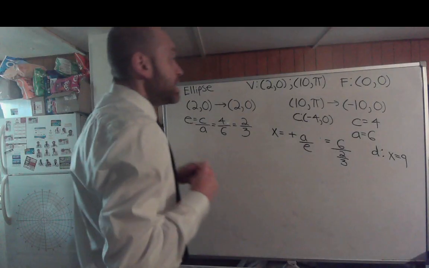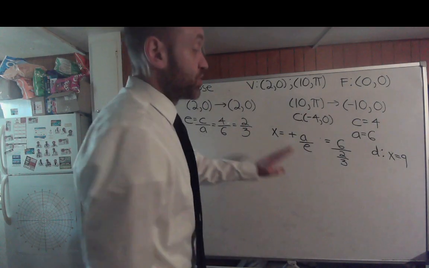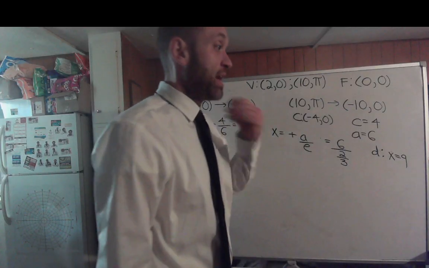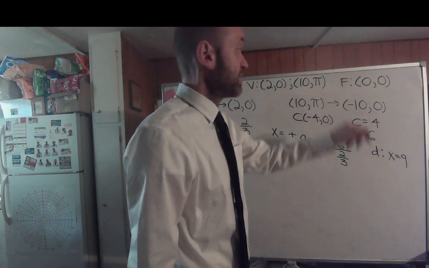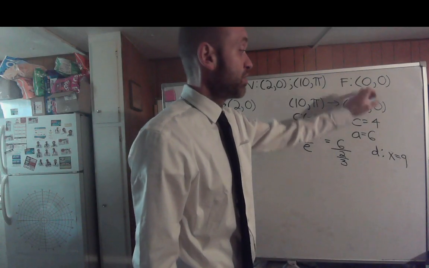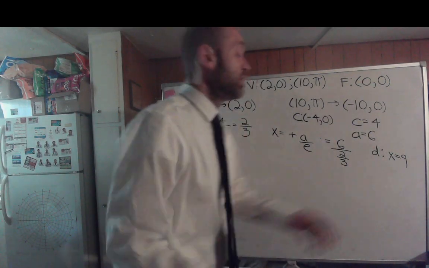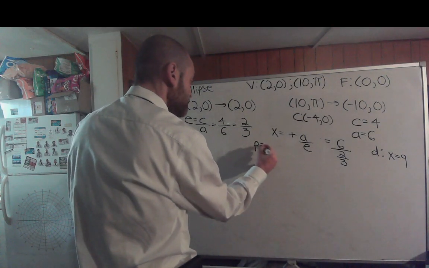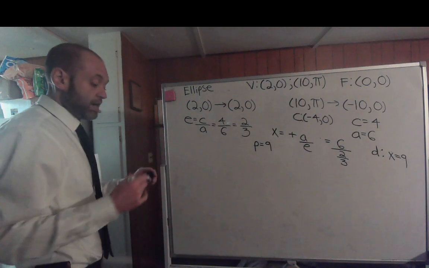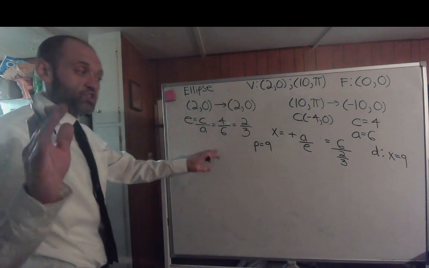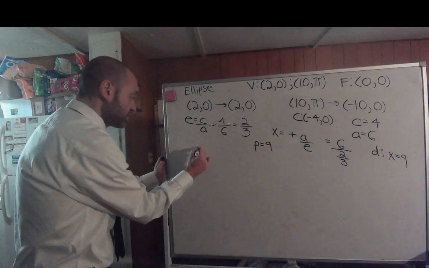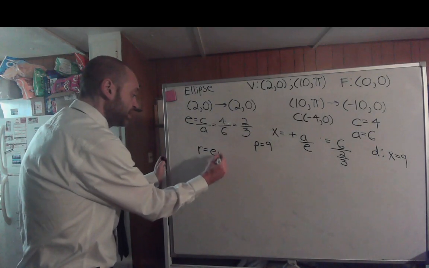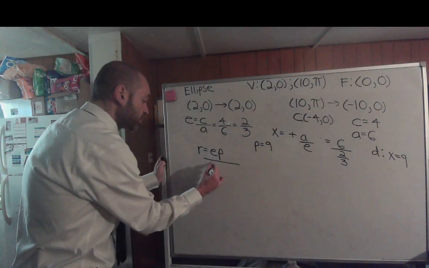Alright. Now, we got the directrix. We need to find p because we have the focus. If you go from an x-coordinate of 0 to an x-coordinate of 9, you get a distance of 9, so p equals 9. Alright. Let's start building now the general formula for a conic section. r equals ep all over 1.